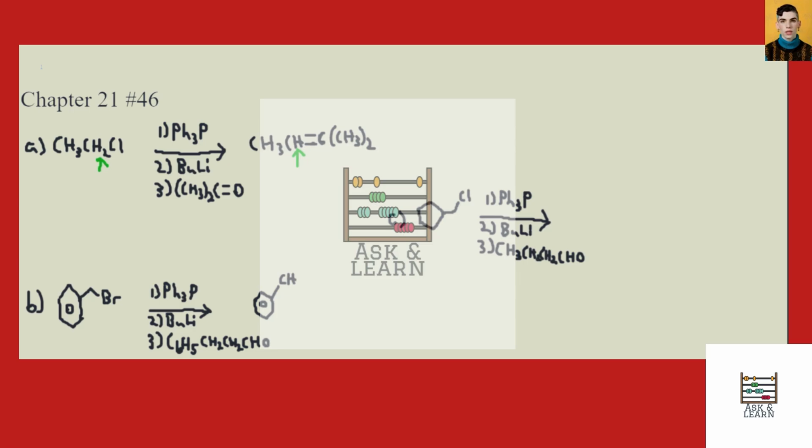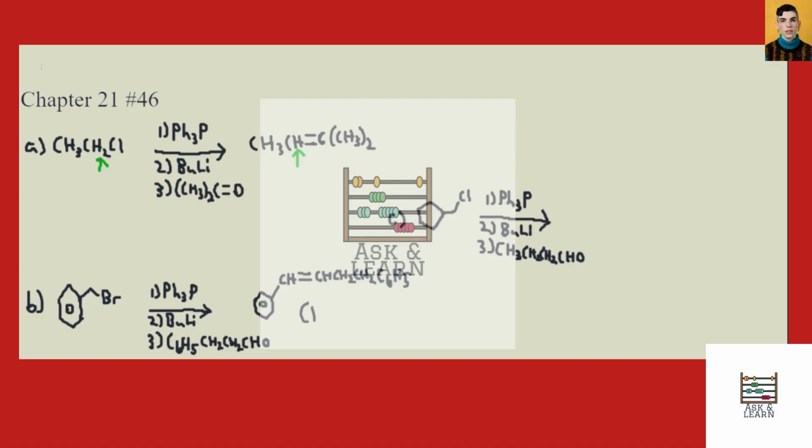And then the portion that's going to come from our third reagent is going to be CH, CH2, CH2, C6H5, and we can just connect them with a double bond there.